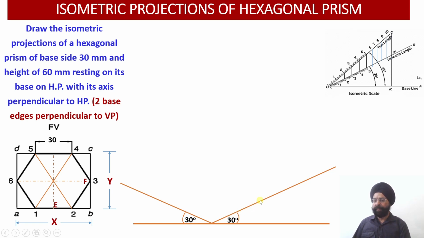Similarly, the other two points, that is 4 and 5, will lie on the isometric edge over here. This way the two edges of the hexagon will become perpendicular to the vertical plane. So this we consider as a vertical plane. These two edges will become perpendicular to the vertical plane.